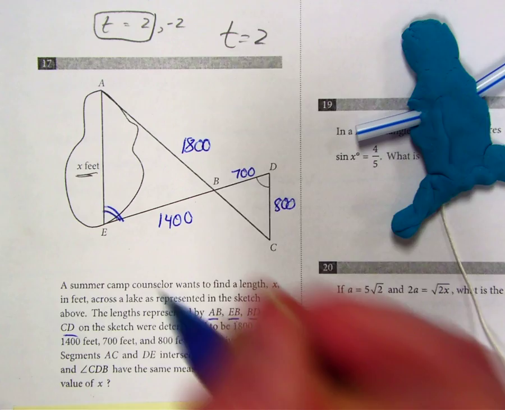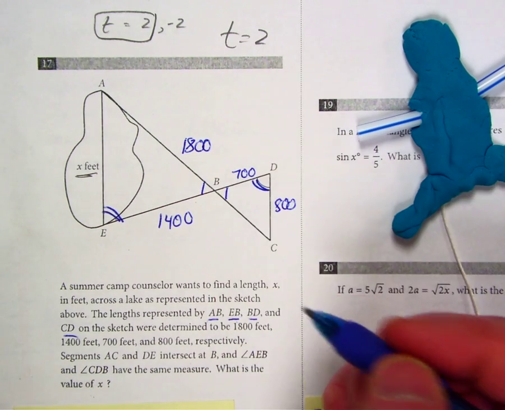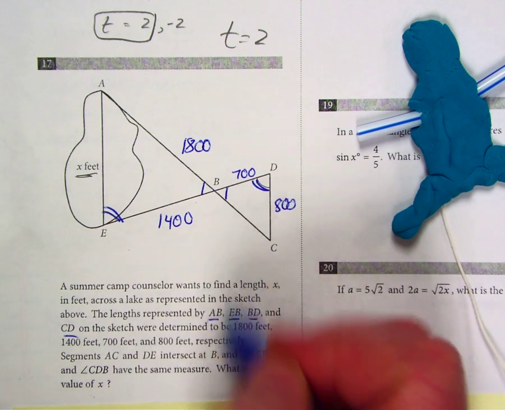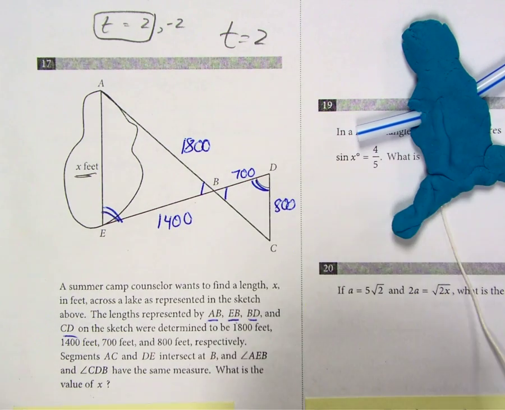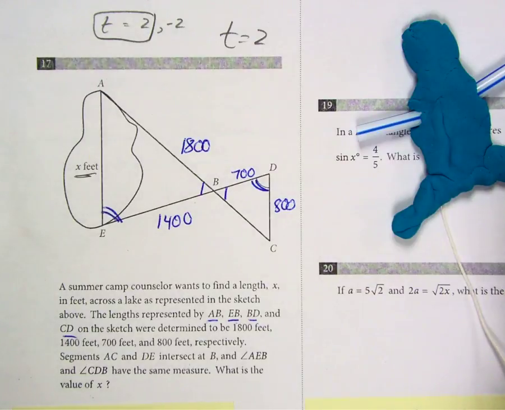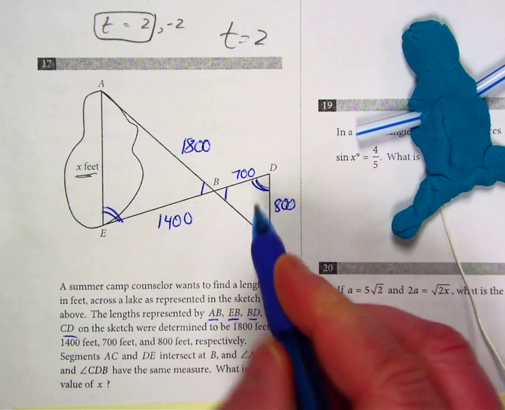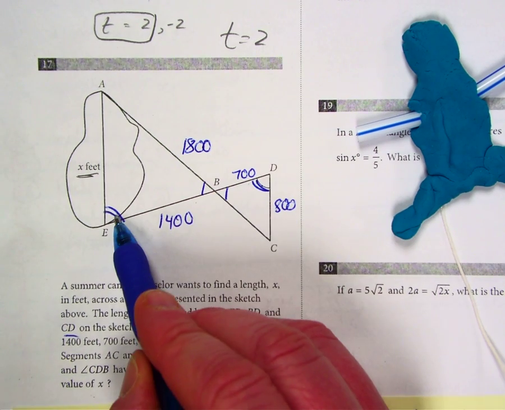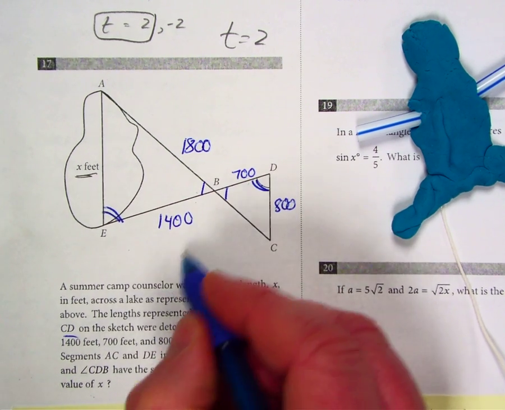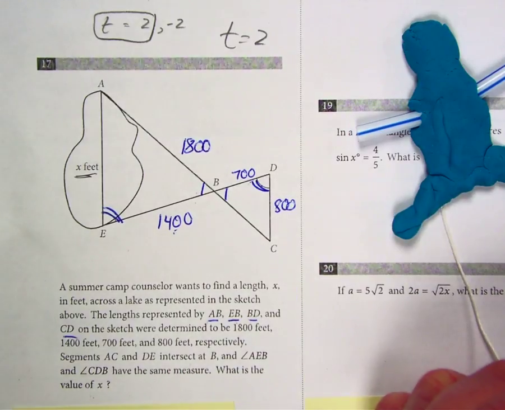So we know these angles are equal, it's already marked on there, and we know this angle is congruent because vertical angles are congruent. So we have two angles equal, which means we have similar triangles. Similar triangles are proportional. If you're not sure which way to make your proportion, follow the angles. So we go double tick mark 700, single tick mark. So double tick mark 1400, single tick mark. So basically these triangles are in a 2-to-1 relationship.